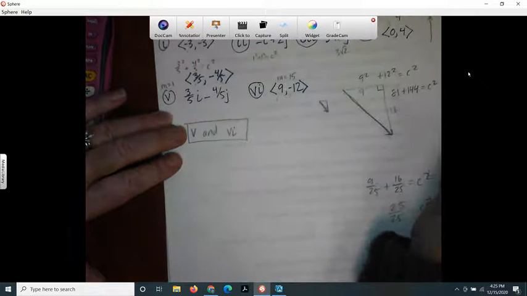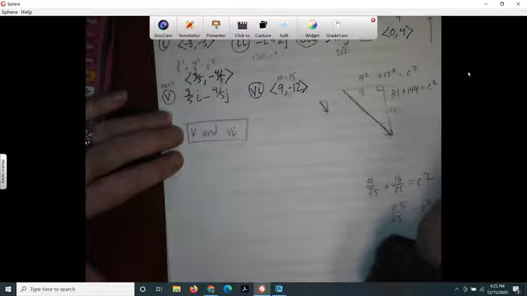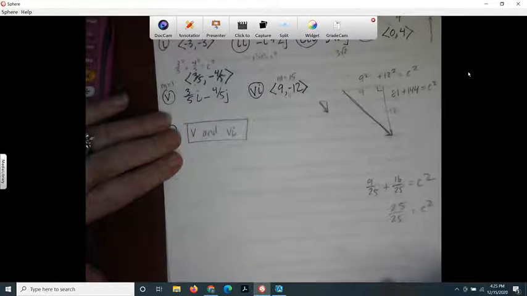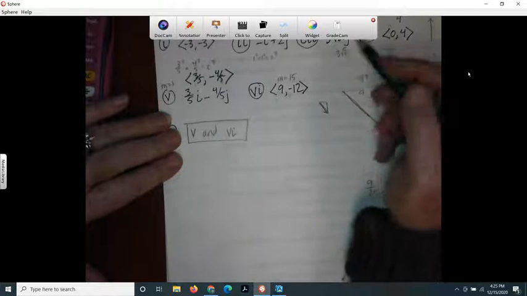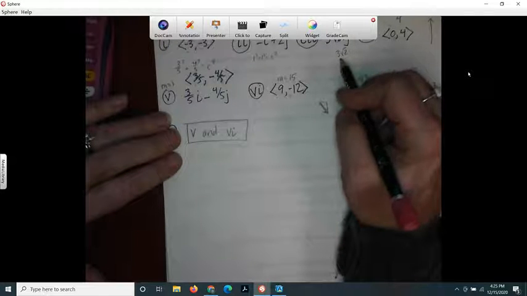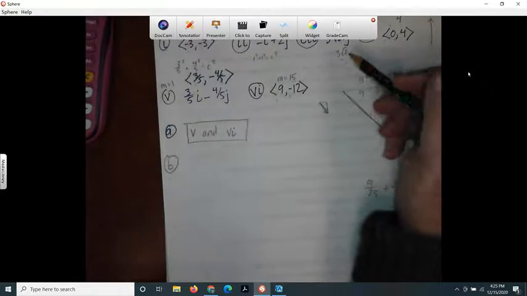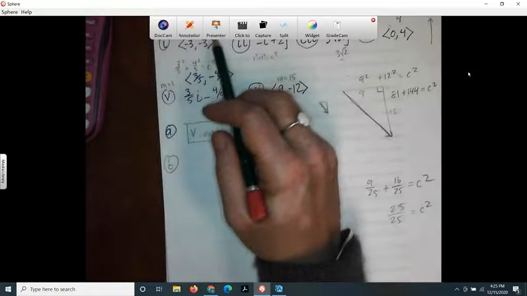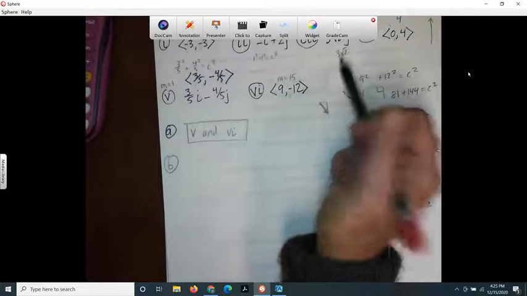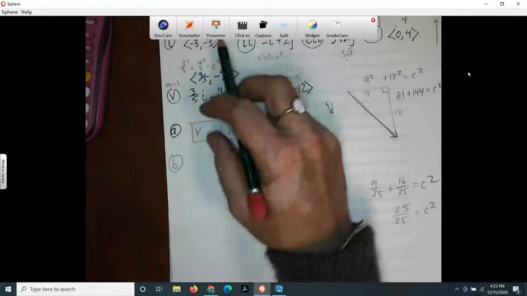Okay, so who has the same magnitude and a different direction? Wait, this one. Isn't root 18 the same as 3 root 2? Let's see. 18 is 9 times 2.